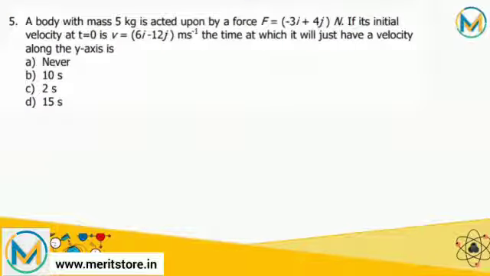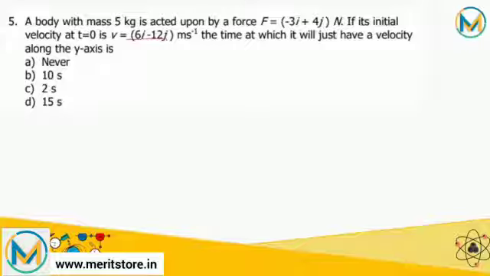Next, a body with mass 5 kg is acted upon by a force F equals minus 3i plus 4j Newton. If its initial velocity at t equals 0 is v equals 6i minus 12j meter per second, the time at which it will just have a velocity along the y-axis is.